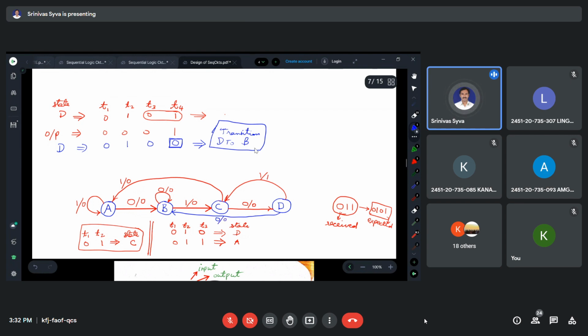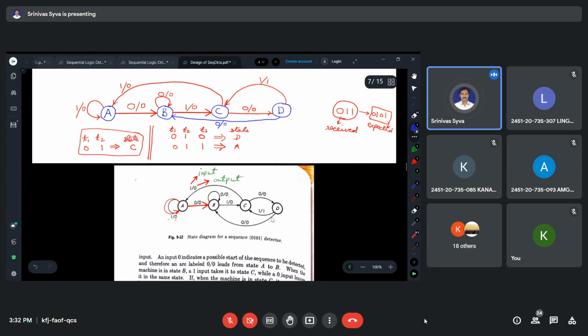See, the same thing whether it is there or not. See here, this part from D to B. So we have received the bit 0 here, and the output will be 0 because the pattern was not yet received.